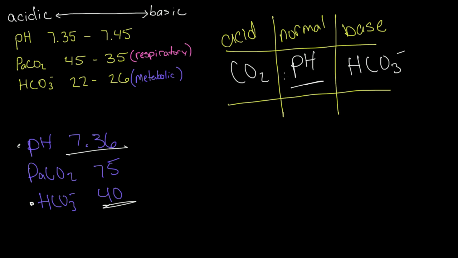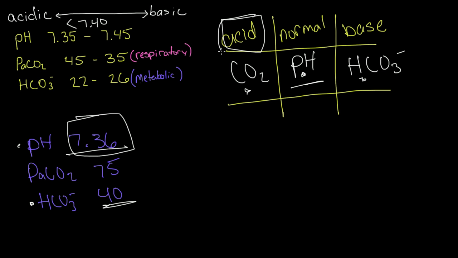Now our pH is normal, and the other two parameters are abnormal. So which side of 7.4 does our pH fall on? So 7.36 is less than 7.40. So this means our pH is acidic. So we look at our acid column. In our acid column, we have a respiratory parameter.